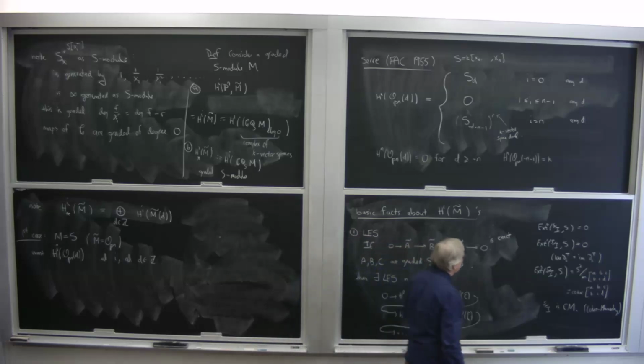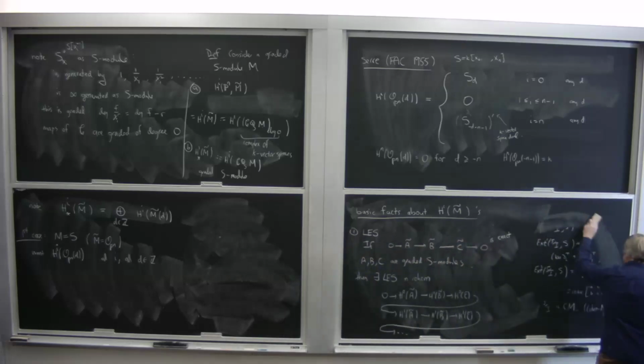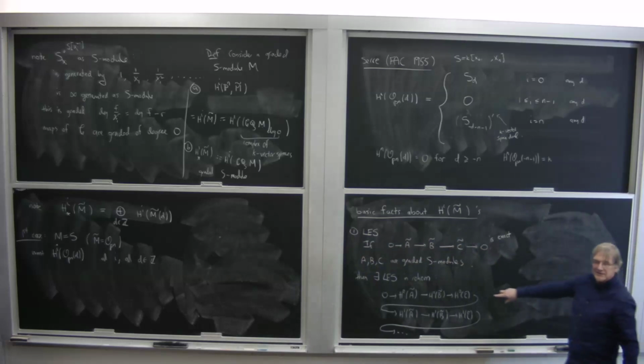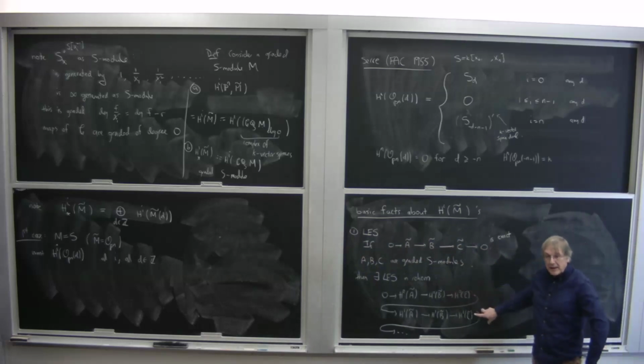By the way, how far can it go? How high can these HIs be non-zero? These are all vector spaces. They might be infinite dimensional vector spaces at the moment. We don't know, but they're all vector spaces. But in fact, once we're past this point here, it's going to be zero, because the image is going to be zero if you're past this.